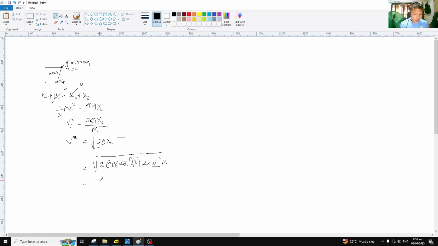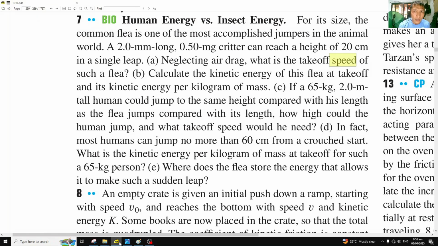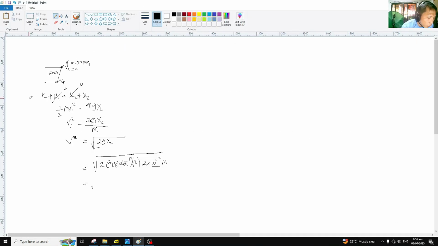That would give you 0.63. With two significant figures, you have 0.63 meters per second. That is V1, the initial speed.